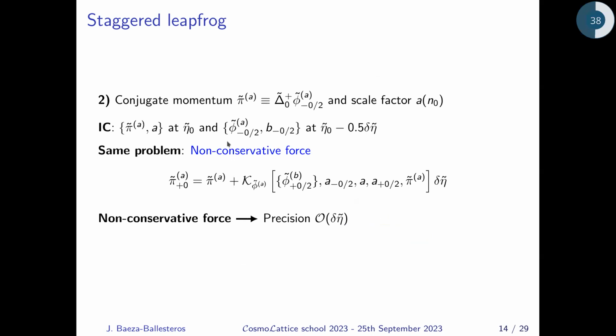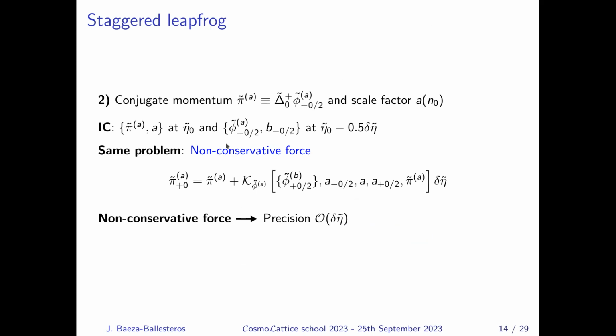The second possibility I showed you is more or less the same. We also made the definition of the conjugate momentum using the forward derivative, although now we shifted whether things were defined at integer or semi-integer times.